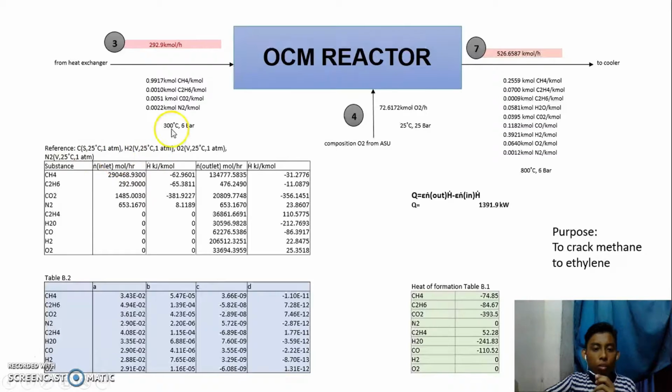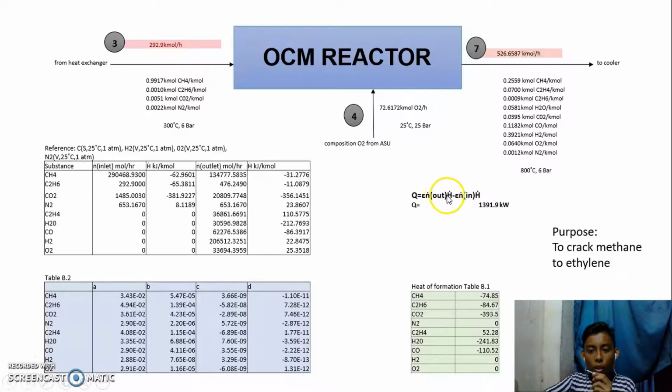When this is fixed, I have to calculate the inlet and outlet, because the inlet is 300 degrees Celsius and the outlet is 800 degrees Celsius. I take the data from Table B2 for every unit, the A, B, C, D, and calculate as usual.